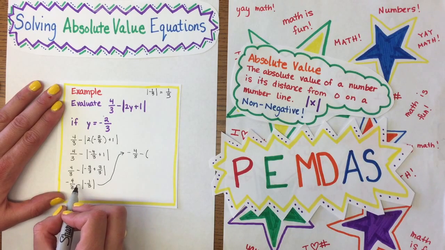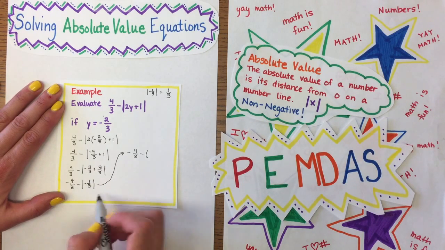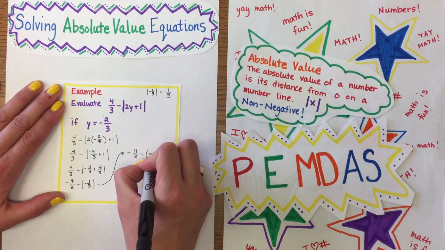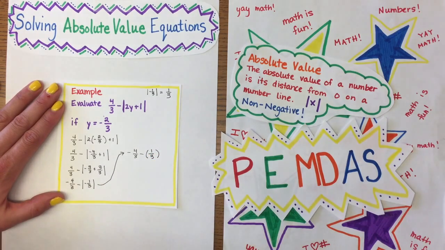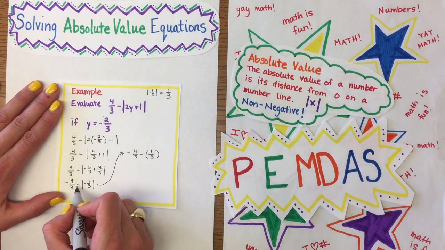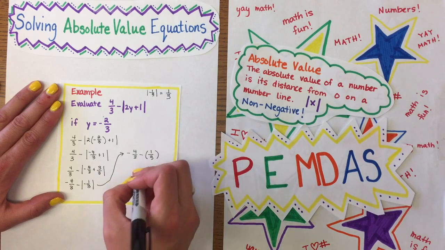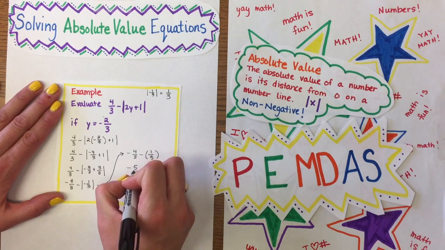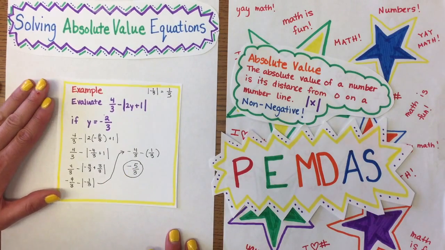It's not being affected by the absolute value. So I'm just going to replace this term with +1/3. The absolute value of -1/3 became +1/3, but the negative in front of it is not affected. So now I have -4/3 minus 1/3. This is -5/3. That's going to be my answer.